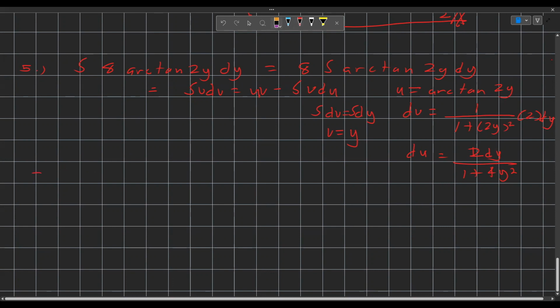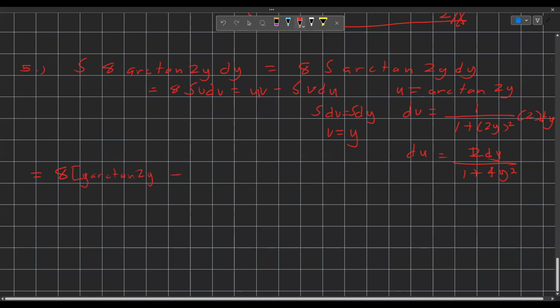Forgot to write the 8. So we write the 8 here, then the quantity. Then uv: we have 8 here. Our u is equal to arctan 2y times v, which is equal to y. So I'll just write letter y here.